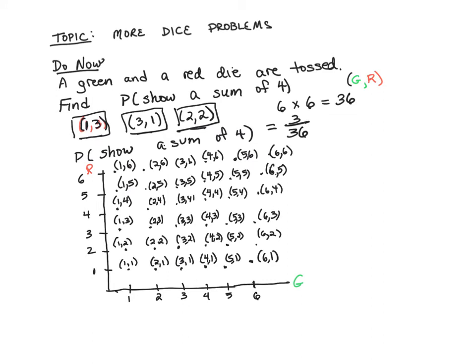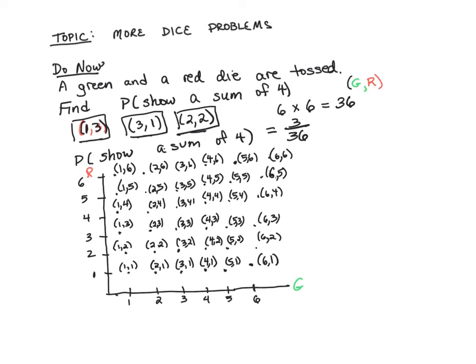So we have a picture of the outcome set, and we've listed all 36 outcomes as ordered pairs. And if we wanted to get the probability, okay, let's just try to write this out now. So if we wanted to get the probability that the sum is, well, let's look at all the sums. The minimum sum is 2, and the maximum sum would be 12.